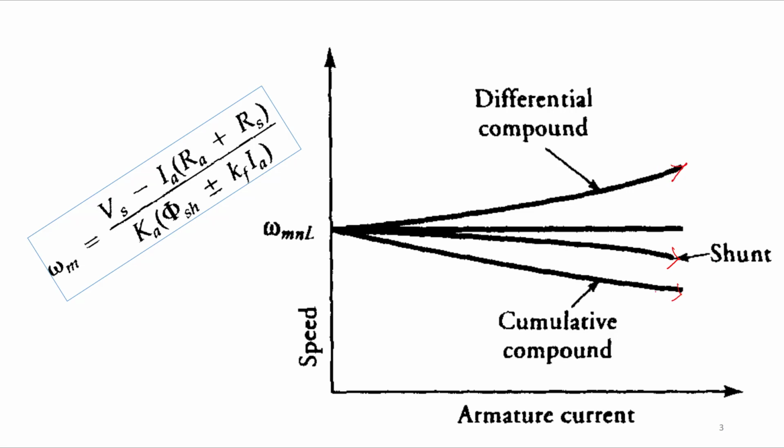This is for your cumulative compound motor, right? The differential compound motor curve is above the shunt motor because we can see the flux equation here. As the armature current increases, your flux will reduce in the differential compound motor, right? As the flux reduces, your speed will increase, right?